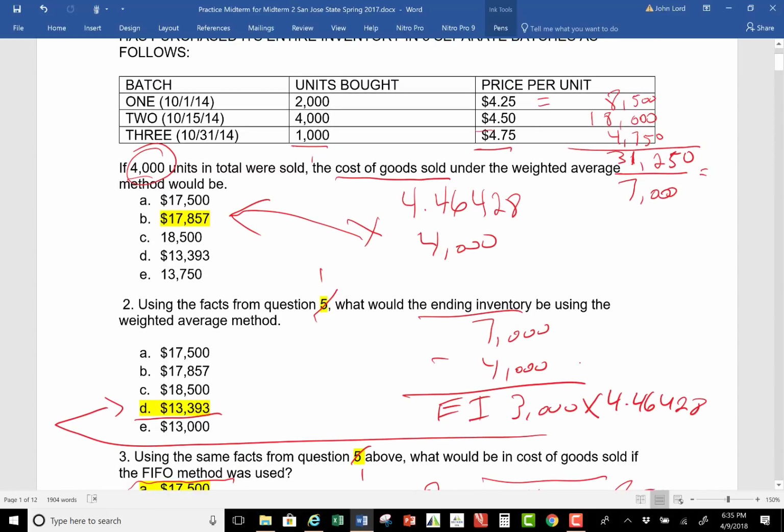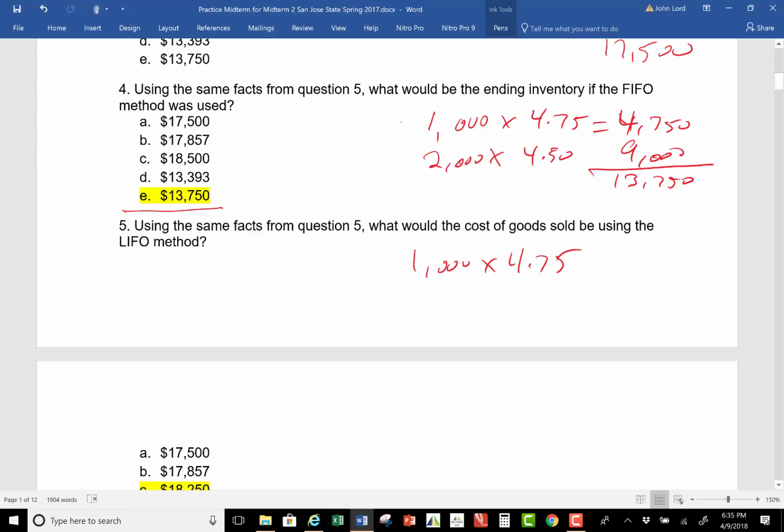So I need another 3,000, and I'm going to take those from right here, right? So 3,000 times 450. So that's 4,750. What's this one? 13,500. Okay, and that constitutes my 4,000 units. So I'm getting 18,250, I hope.